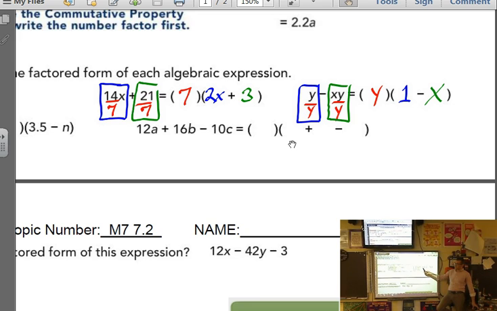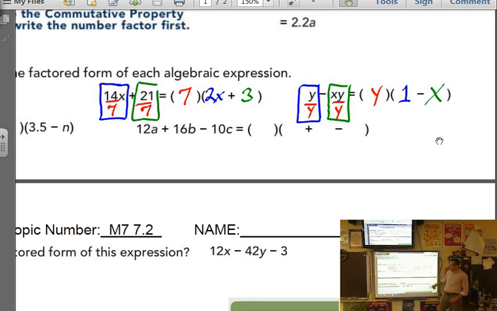No, you can't factor out a 1, because factoring out a 1 doesn't do anything. If you factor out a 1, you did nothing. So essentially what you had here, y minus xy, was the same thing we started with. So you did nothing. You understand what I'm saying?